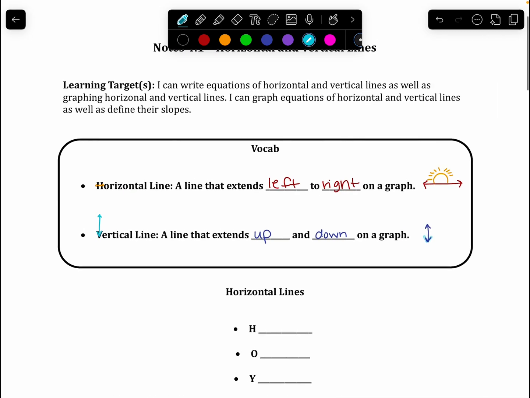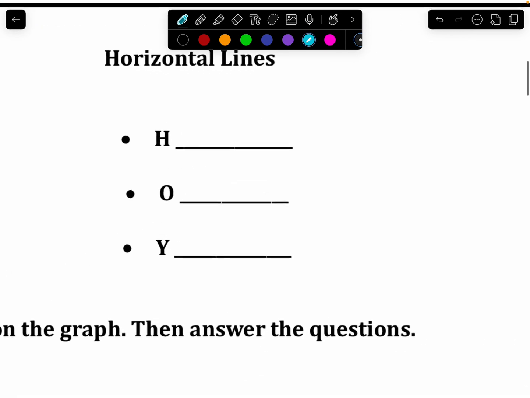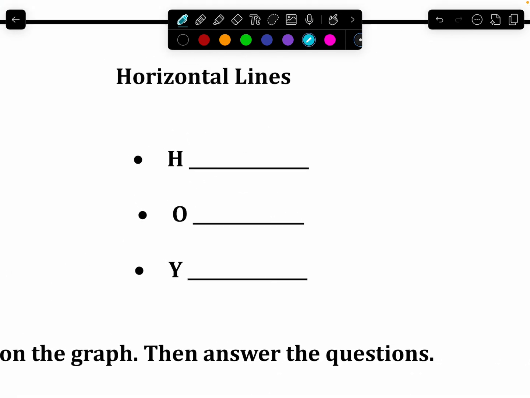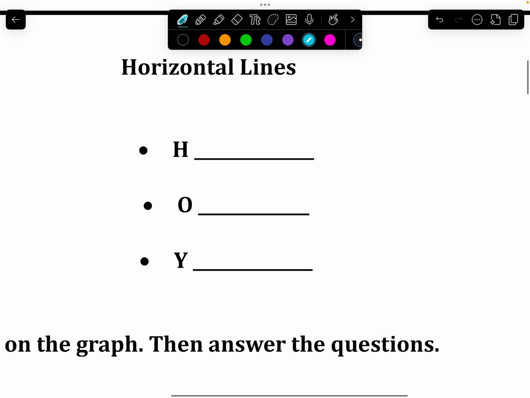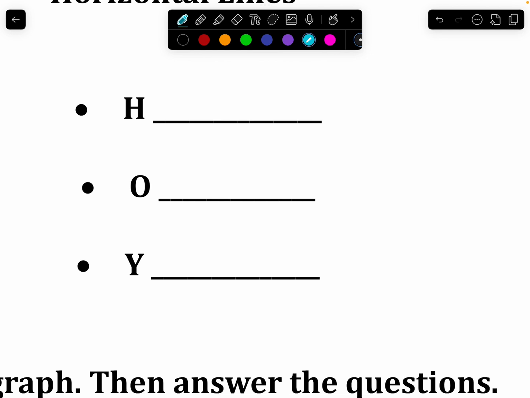There are some acronyms we can use to help us remember parts of horizontal lines and vertical lines, and so we're going to talk specifically about horizontal lines first. We can use the acronym HOI to remember horizontal lines. The H is going to stand for horizontal, obviously. The O is actually our slope, and it is a zero slope.